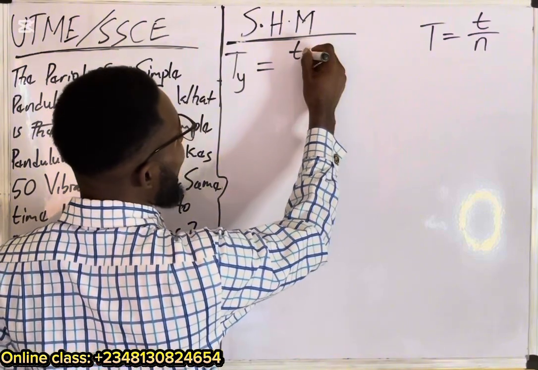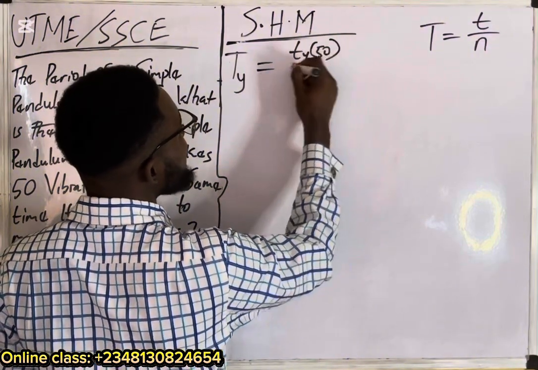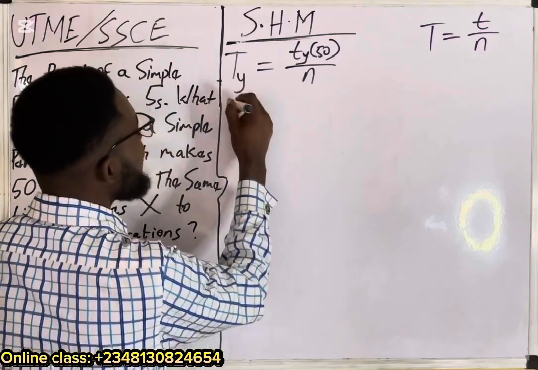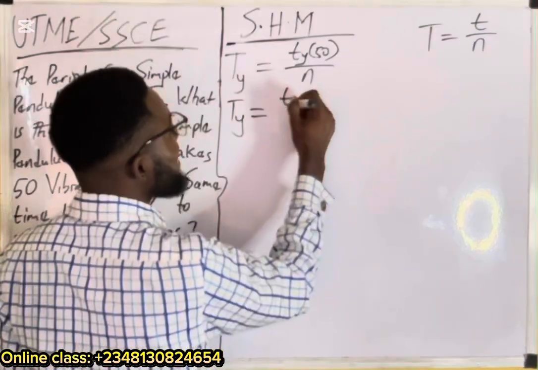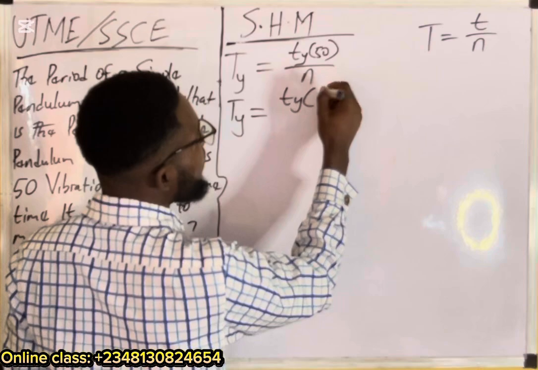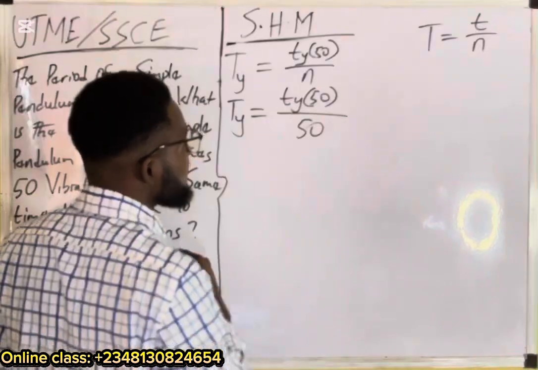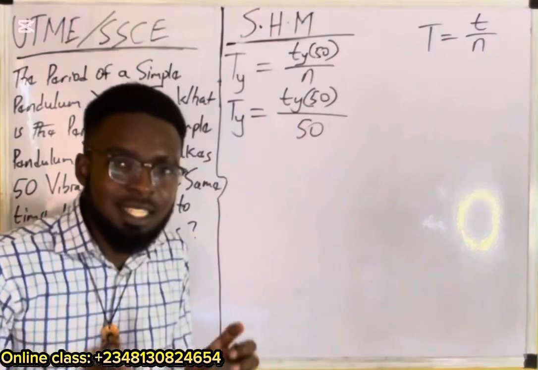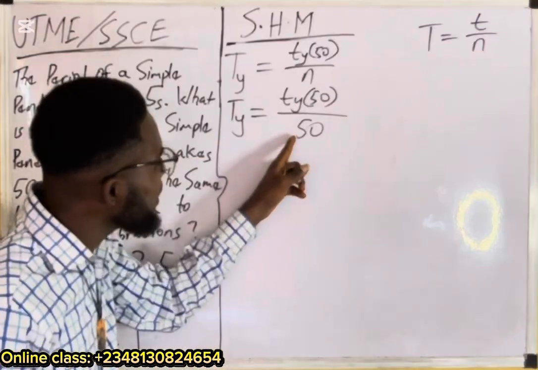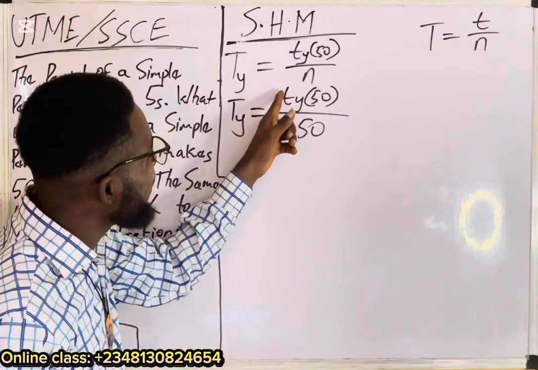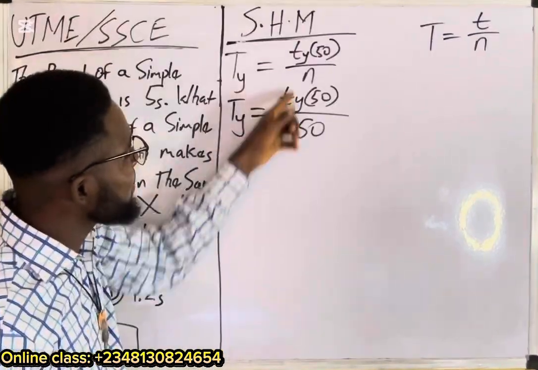Time taken for Y to make 50 vibrations over number of oscillations, which is 50. So what is missing right here is the time taken for Y to make 50 vibrations. Once we get that, we just divide and then we have an answer.